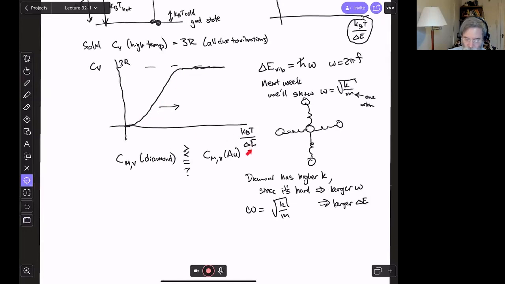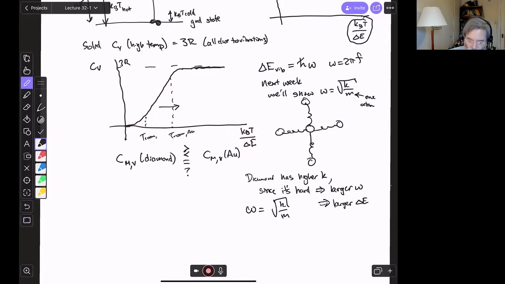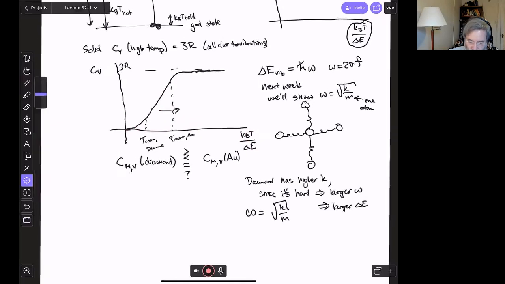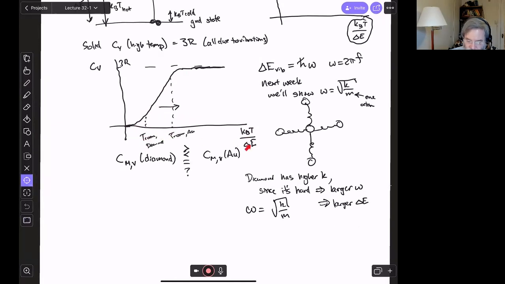So if we're looking at this graph, larger delta E means that this quantity on the horizontal axis is smaller, so we're moving to the left, meaning that the modes are at, let's say, room temperature might be here for diamond, so the modes are mostly frozen out, whereas it might be here for gold, meaning that the modes are only a little bit frozen out. And the T room is in different places on the graph because the delta E's are different for those two different materials.